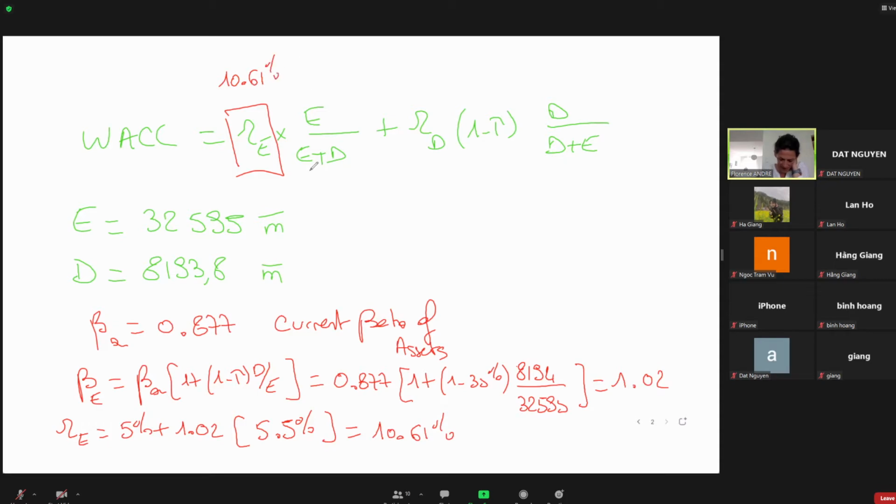We have this weight. RD, we know that it's 5.5. Okay. Tau is equal to 35. Okay. And then we obtain a WACC equal to 9.2%.